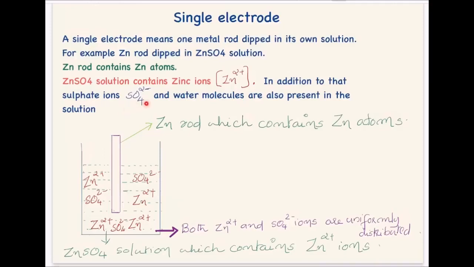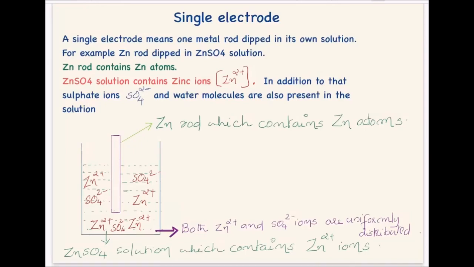In addition to zinc ions, sulfate ions are also present in the zinc sulfate solution, as well as the water molecules that you used to prepare the solution. Now, if you dip the zinc rod in zinc sulfate solution, what are the possibilities? Whether any reaction will happen or not, that we are going to check.